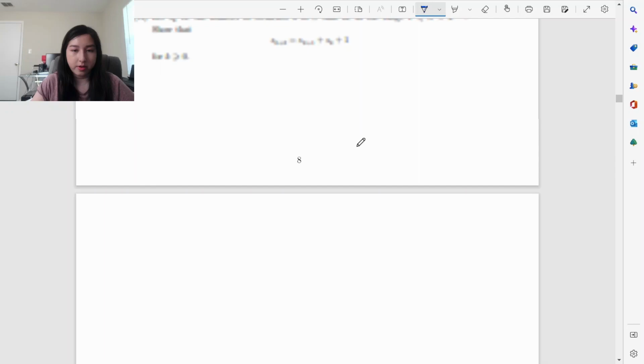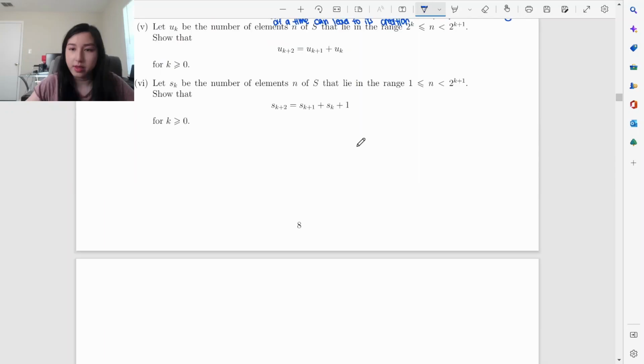Anyway, part 5. u_(k+2) equals... Okay, hopefully I've got enough space for all of that. Okay, so let's try to see. We need to prove that u_(k+2) must equal u_(k+1) plus u_k.